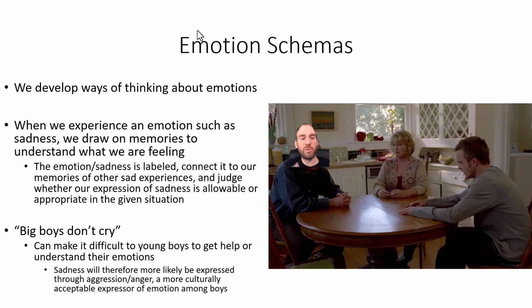Some negative consequences include that you're being taught that you almost biologically can't cry or shouldn't cry. Those things can get meshed together in a kid's mind. Ultimately, this can contribute to a boy, not a young boy, being unable to understand their emotions, because they are by definition not labeling the emotion as sadness, connecting it to other sad experiences, or allowing themselves to be sad in a given circumstance, because by definition boys don't cry.